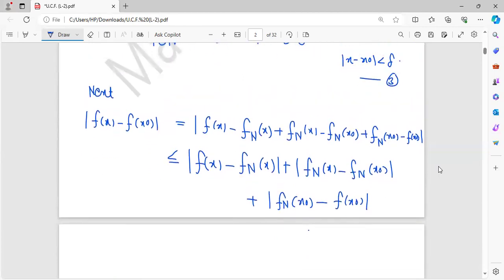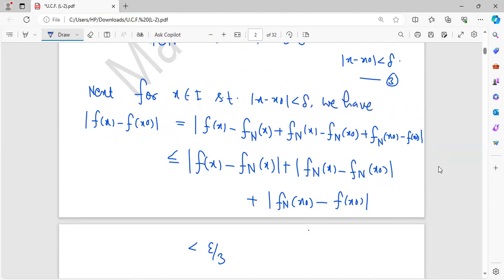So I am taking x belonging to I such that |x - x naught| < delta.